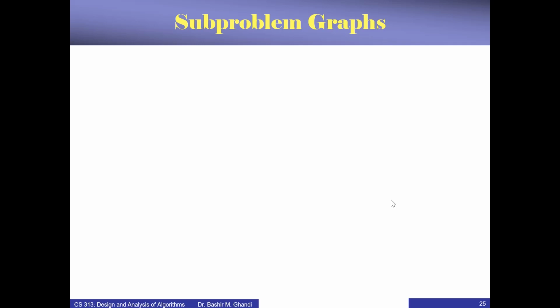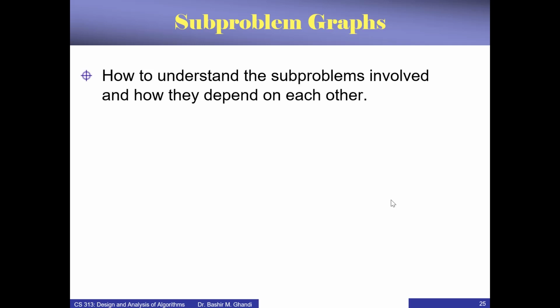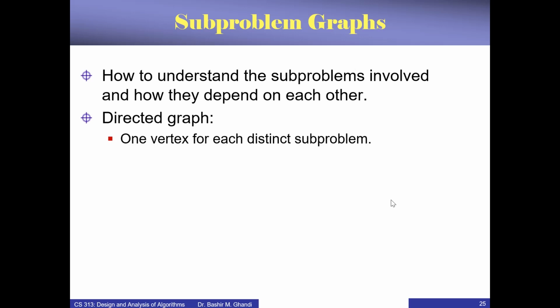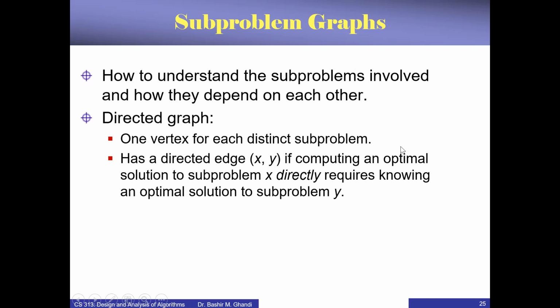Now, another approach to determining the running time of these algorithms is to use what is called subproblem graphs. Yeah, and the subproblem graph is a directed graph in which one vertex is used for each distinct subproblem, and a directed edge is used if computing an optimal solution to a subproblem x directly requires knowing an optimal solution for the subproblem y.